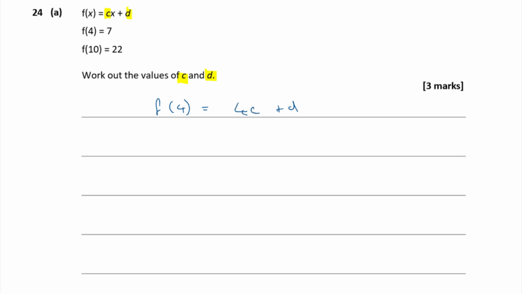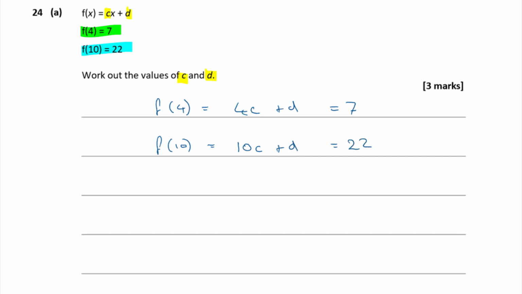Now we know that 4c plus d must be equal to 7 because we're told it here, aren't we? f of 4 is equal to 7. So I've got one equation now in c and d. If I do the same thing for f of 10, I know that f of 10 is equal to 10c plus d, and I know that that is equal to 22.